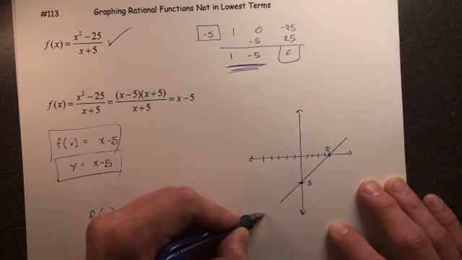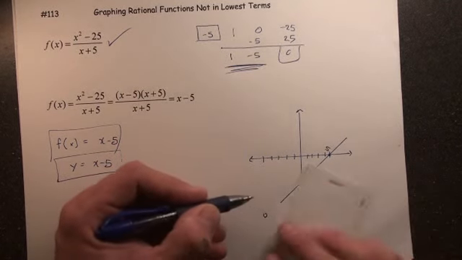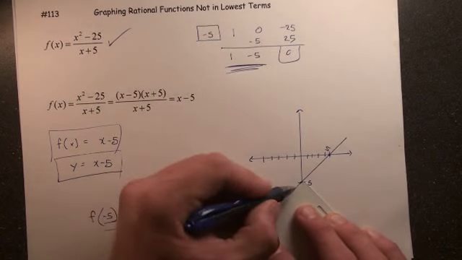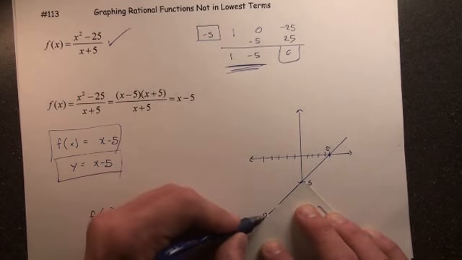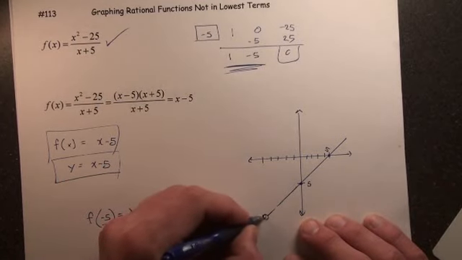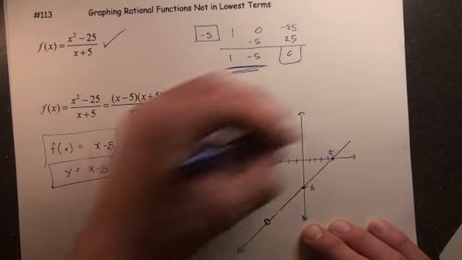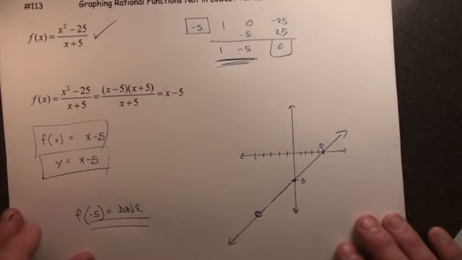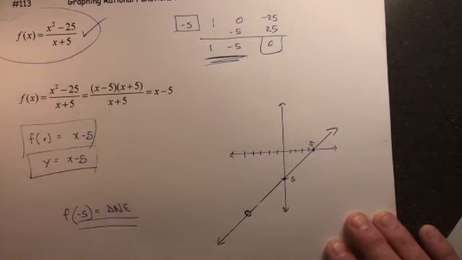This point here would not exist. So we would draw a line through there, but we would have an open circle. And my open circle is a little bit off, but you would have a hole in the graph. You'd have an open circle there, and this would be the correct graph for f of x.